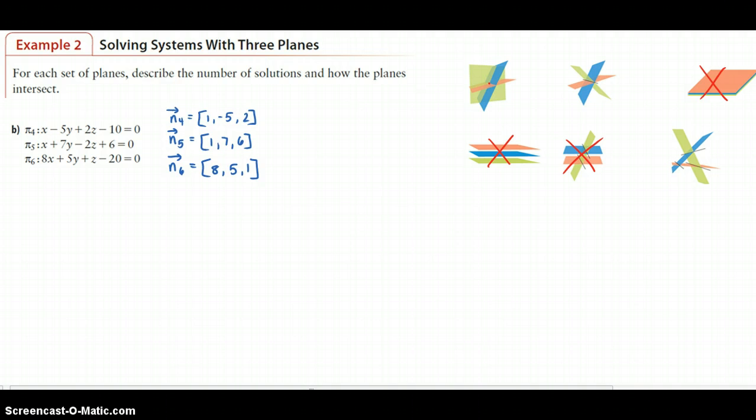Remember that to test for whether or not the normals are coplanar, you need to find the triple scalar product, which means you need to dot two of the normals and cross two of the normals. And while it doesn't matter which order you put these normals in, it does matter that you do the cross product before you do the dot product.